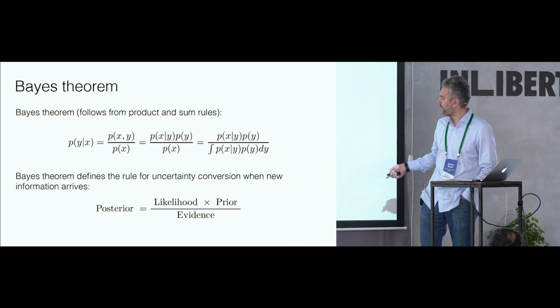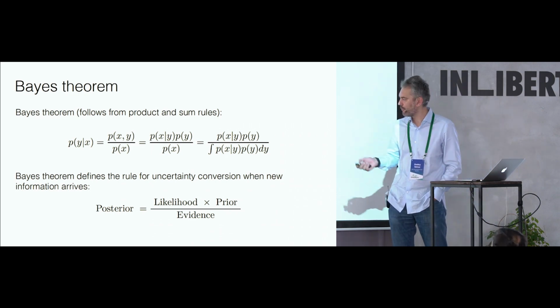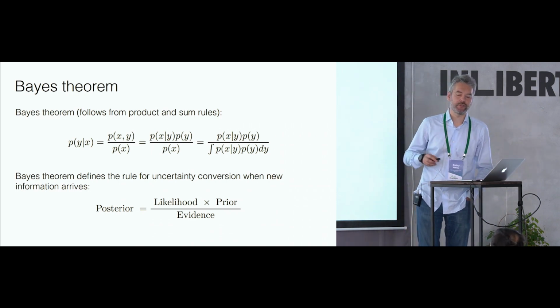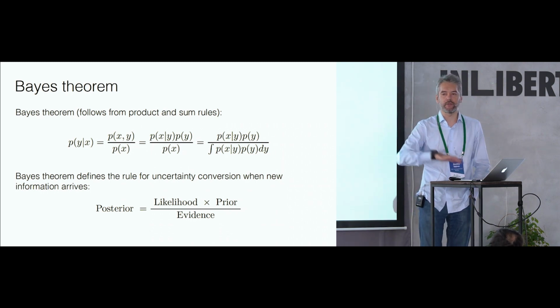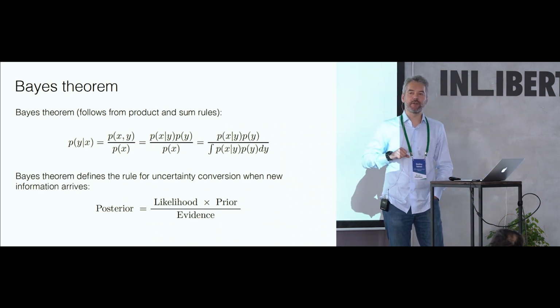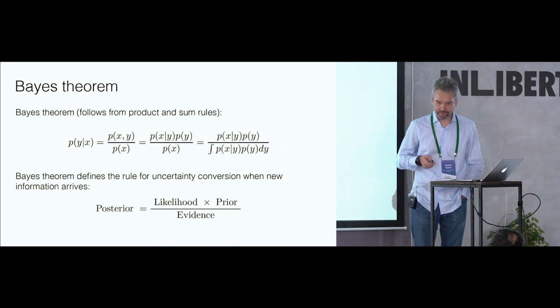So in conceptual form, this theorem can be written as follows. Our posterior distribution equals the product of our likelihood times prior divided by a normalization constant known as evidence.